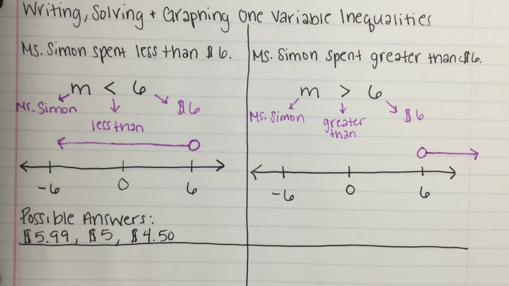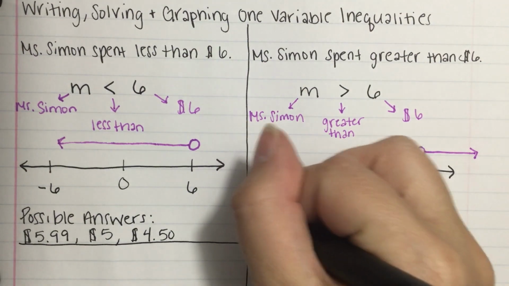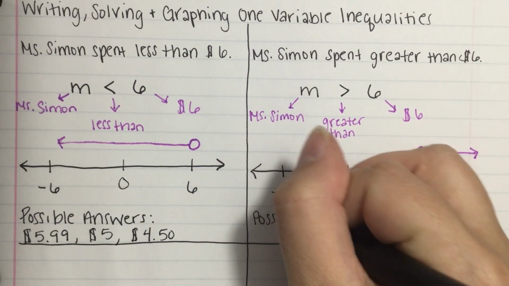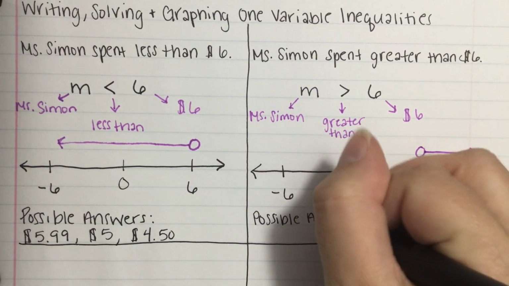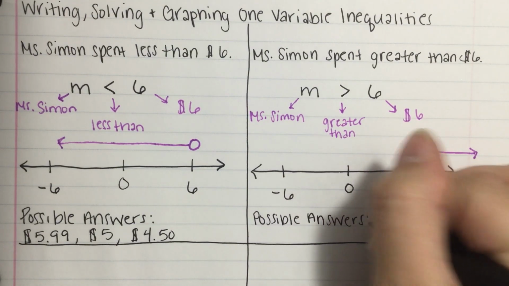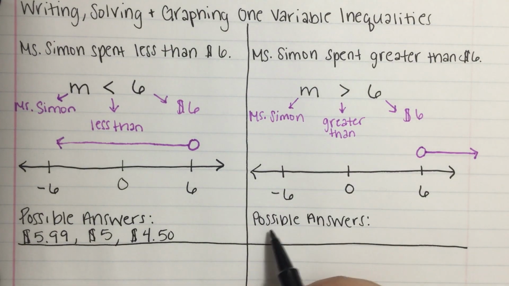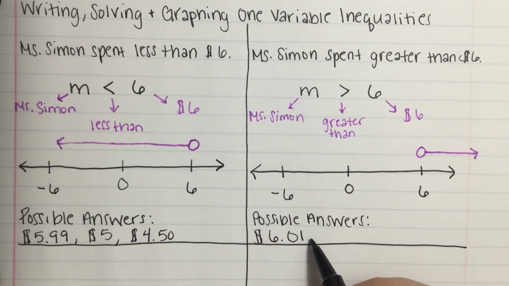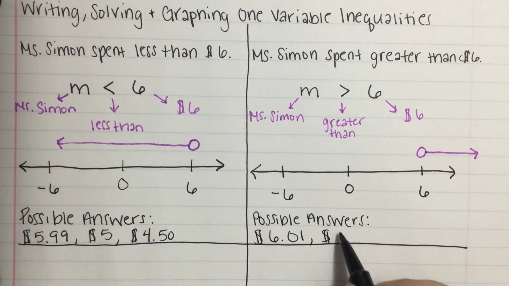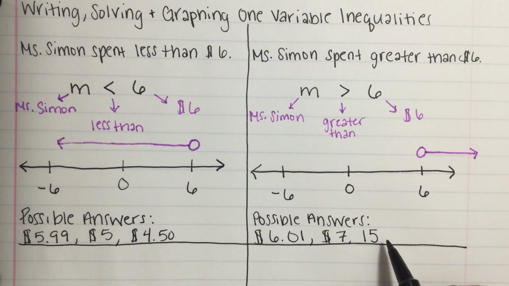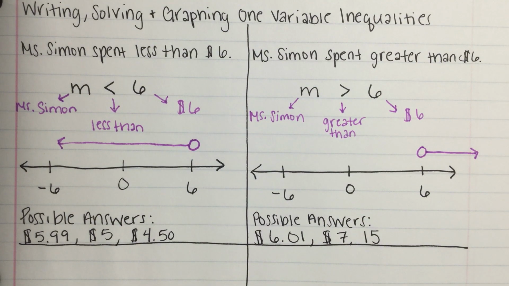So it's everything greater than 6. So some possible answers to satisfy that inequality: Miss Simon could have spent $6.01, $7, $15, really anything greater than 6.